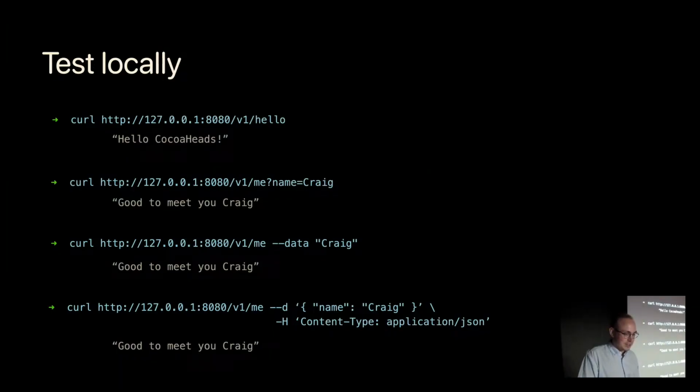Likewise, as I mentioned, there are three ways you can pass in data. One of them is via a parameter, so it could be me, name equals Craig. Those are the curl ways: you can do --data Craig, or you can pass in the full JSON spec and go from there. So it's really simple to test out what you're doing.